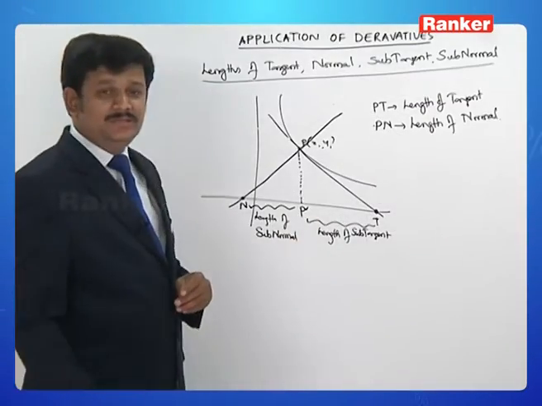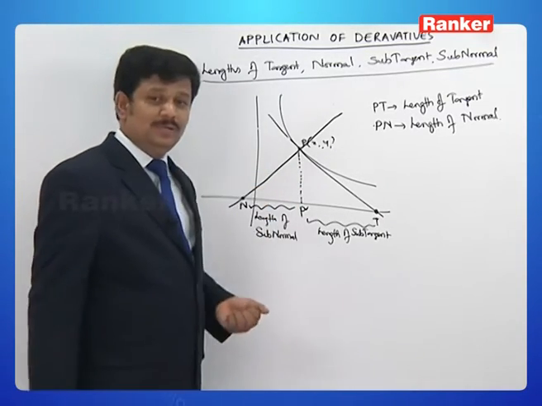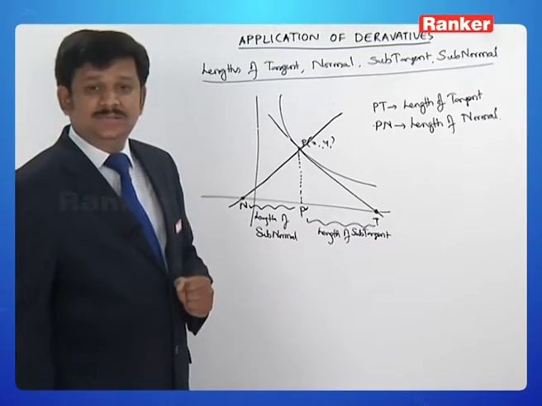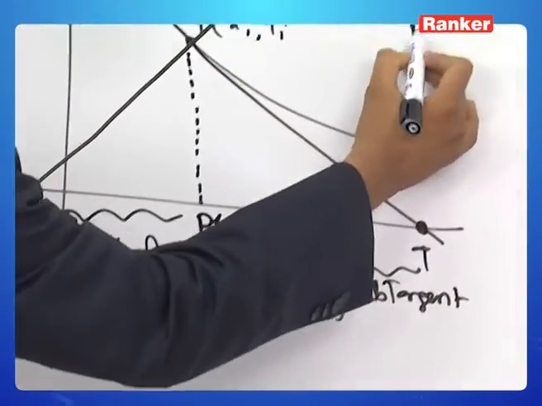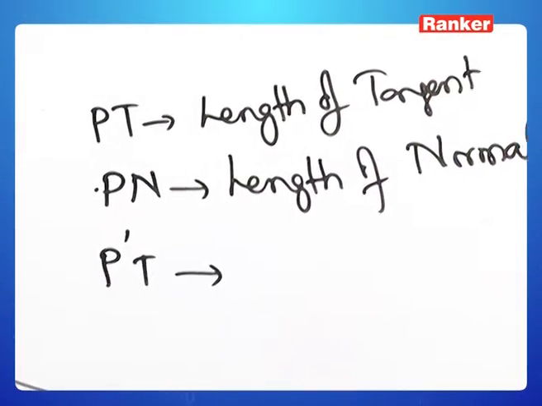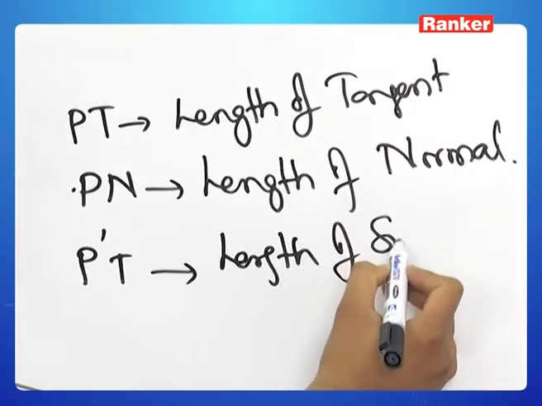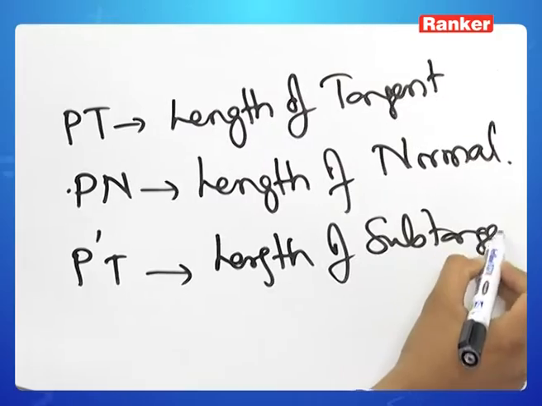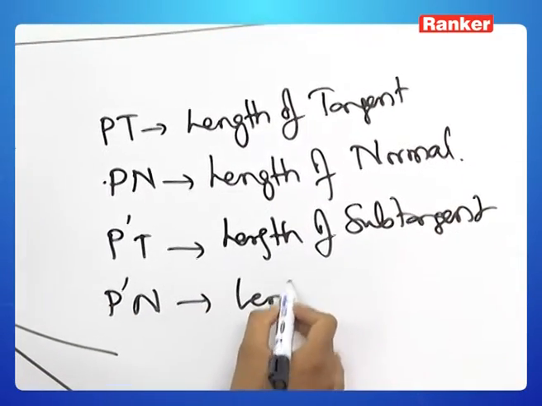So subtangent and subnormal are projections of tangent and normal on x-axis respectively. So P dash T, where P dash is foot of the perpendicular from P onto x-axis, is called length of subtangent, and P dash N is called length of subnormal.